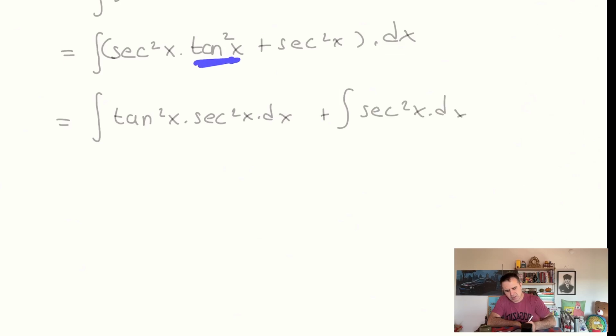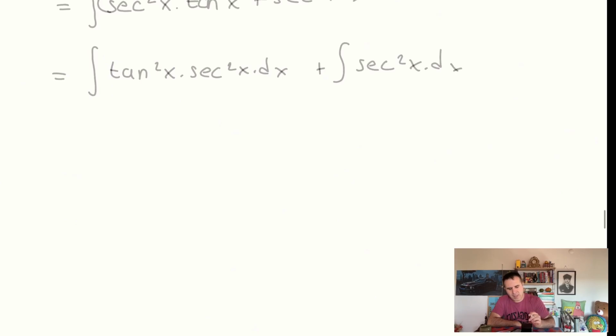And I wrote this one on the left side and this secant square of x on the right side. We know that the derivative of tangent x is secant square of x, so this integral becomes tangent x, and this part is easy.